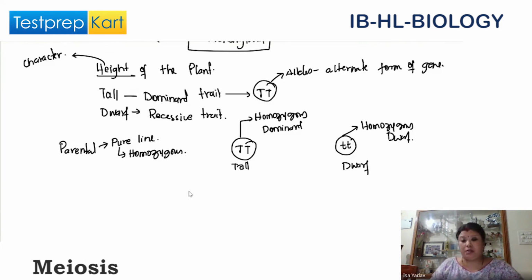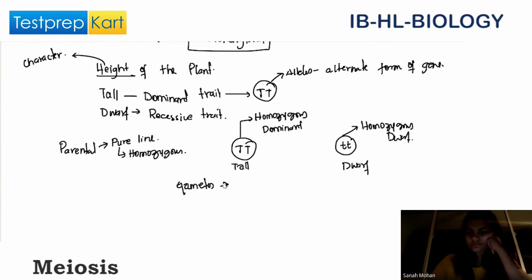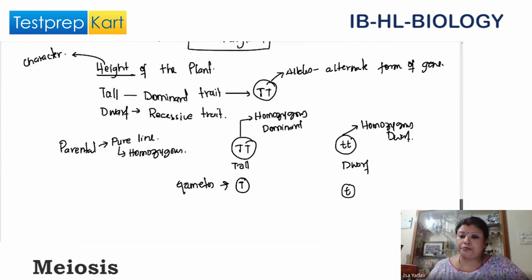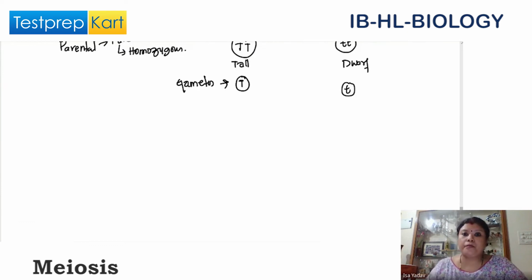Now from this, we'll get gametes. We'll get what? Gametes. Now gametes, capital letter T, and draw your small letter T. Then we carry out fusion of gametes.